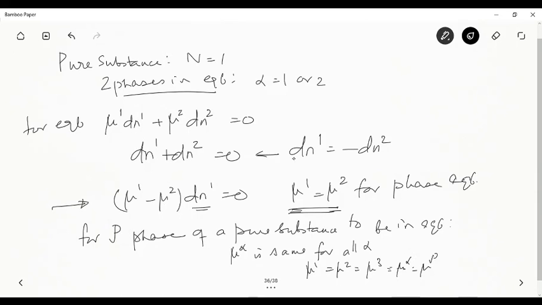So I substituted for my dn2 as minus dn1, and I got mu1 minus mu2 dn1 equal to 0. Now this is at equilibrium. For a spontaneous process at this stage, this was less than or equal to 0. The equality applies for phase equilibrium and less than applies for a spontaneous process.